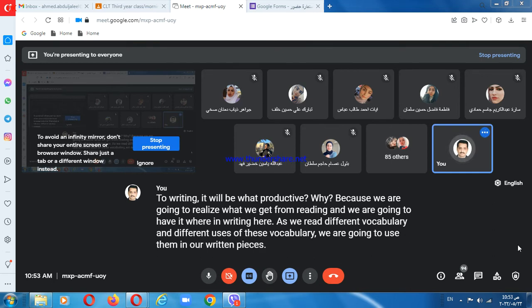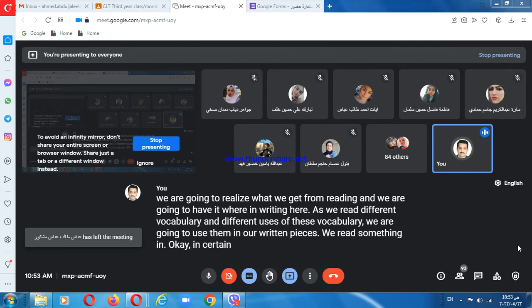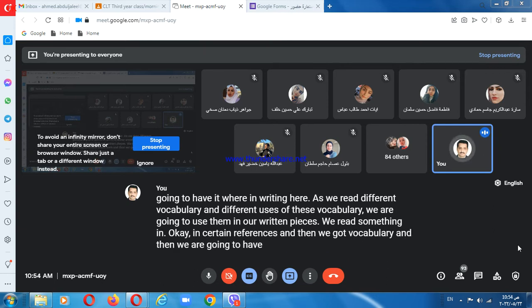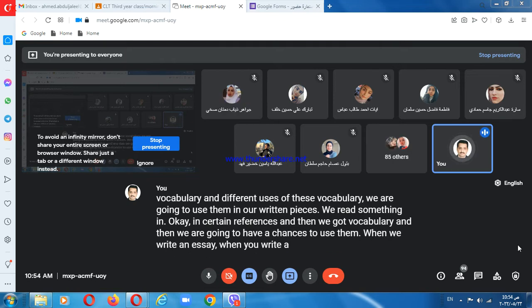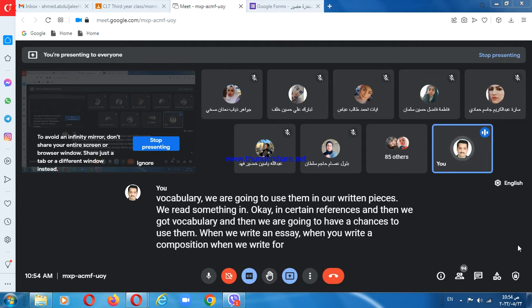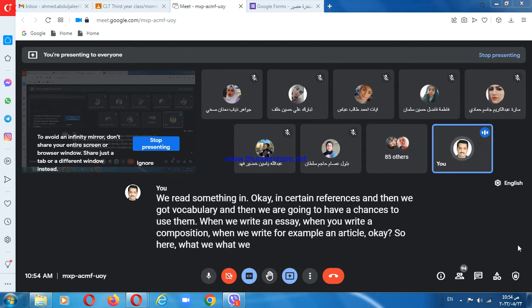We read something in certain references, and then we get vocabulary, and then we are going to have chances to use them when we write an essay, when we write a composition, when we write, for example, an article. So here, what we gain from reading will be utilized in writing.